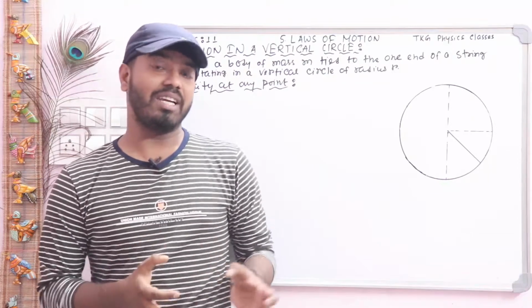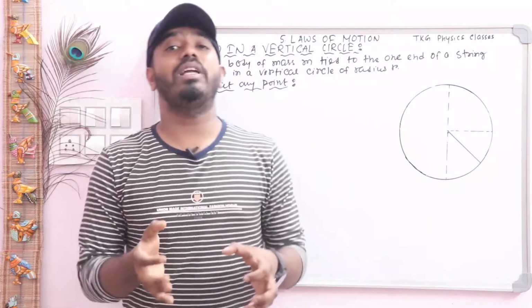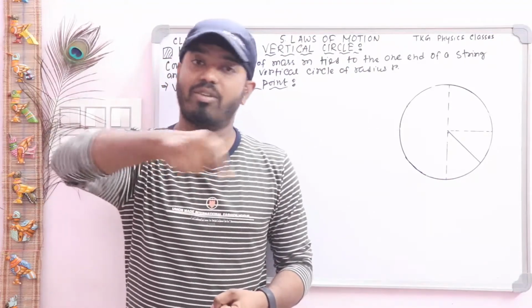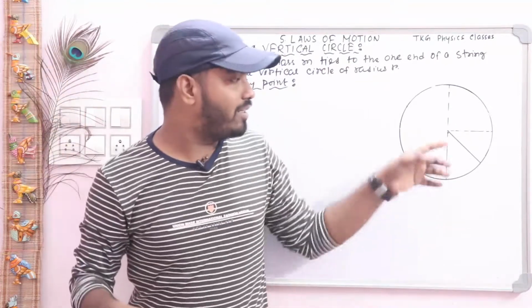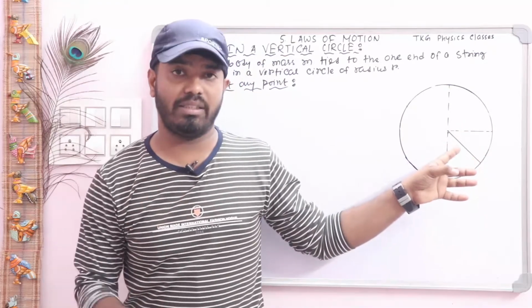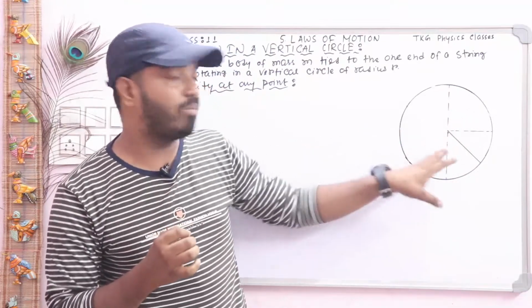So what will we derive from this lecture? The concept is that the body is under vertical motion. This motion is horizontal, and this motion is vertical motion. So the body is under vertical motion, and here you have to derive the velocity at any position of the particle.